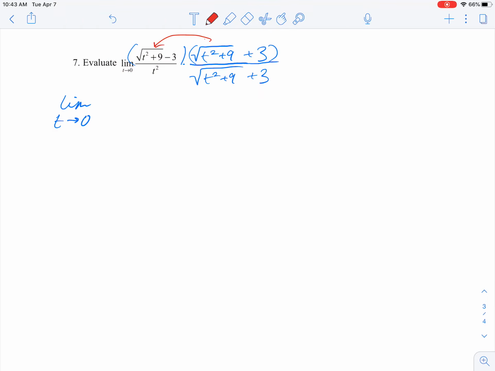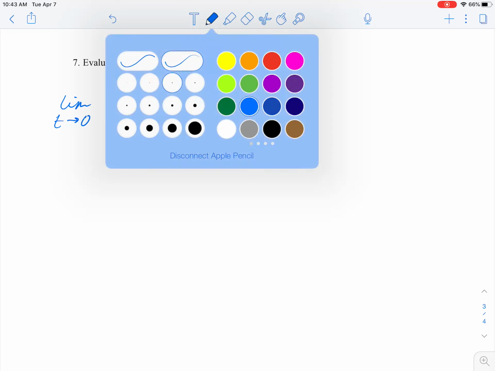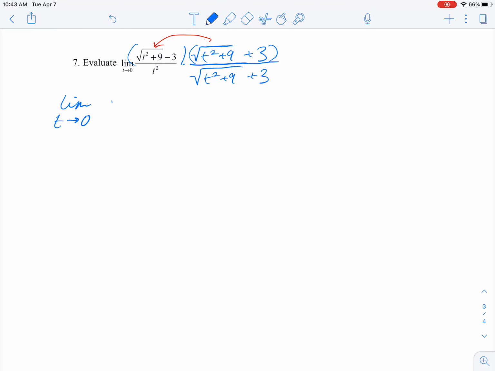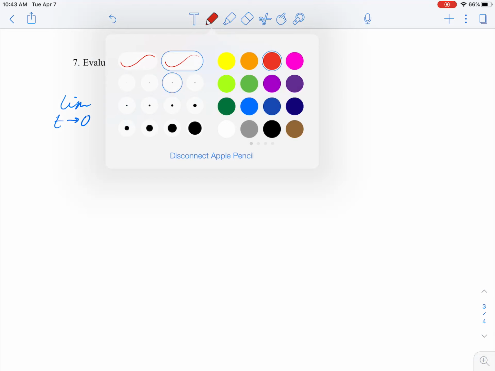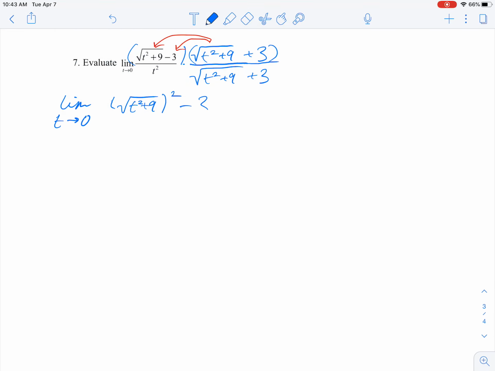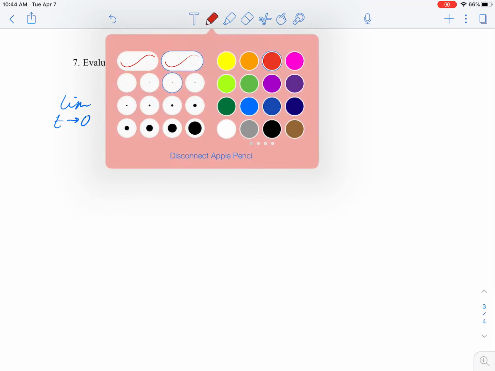Well, if I multiply this by that, then I wind up with root t squared plus 9 quantity squared. And if I multiply this by the negative 3, I've got minus 3 root t squared plus 9.